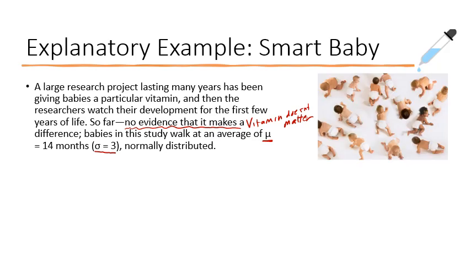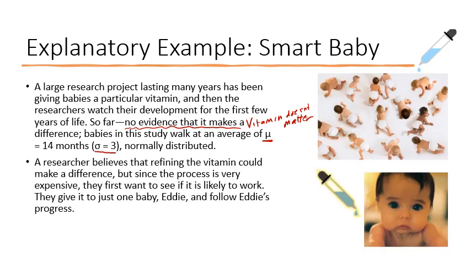There's all those babies, there's the vitamin. But one researcher thinks that if they just refine this vitamin a little bit, it could make a difference. But the process of refining the vitamin is really pricey, so they want to see if it's likely to work before they invest a lot of money in it. They give this refined vitamin to just one baby, Eddie, and then they follow Eddie's progress.